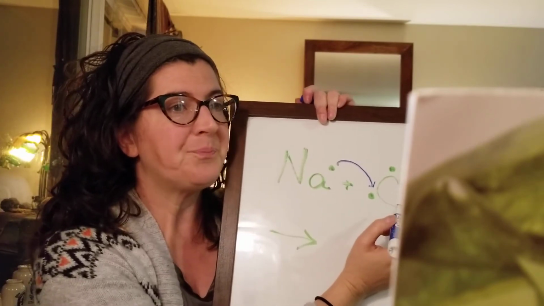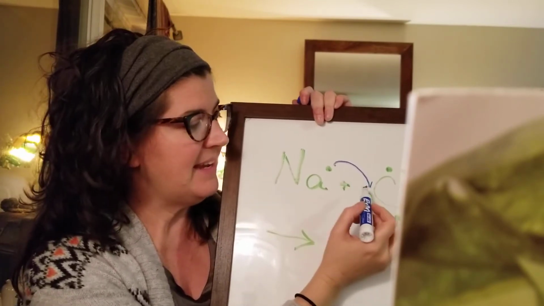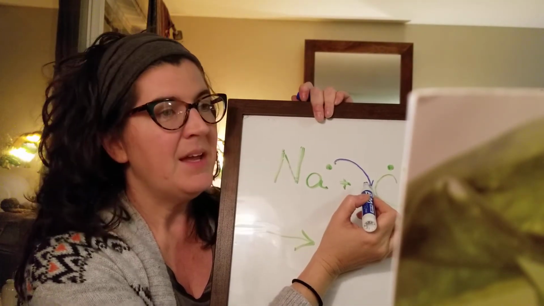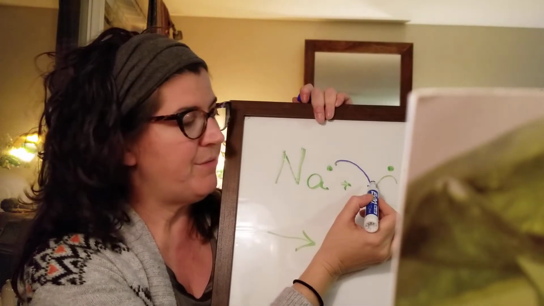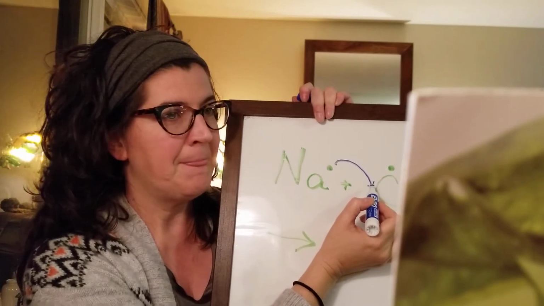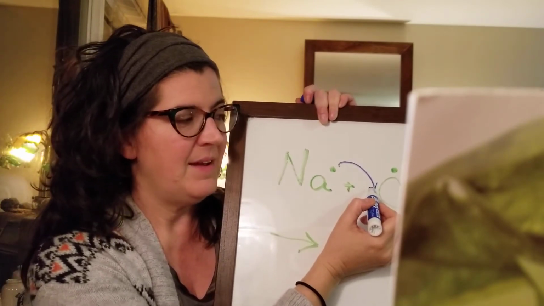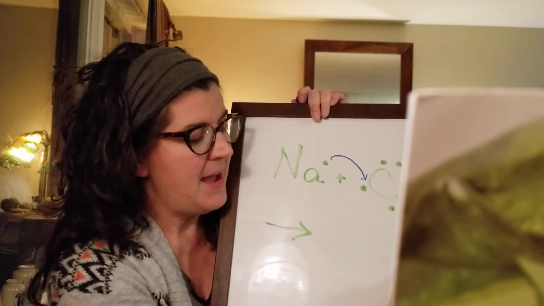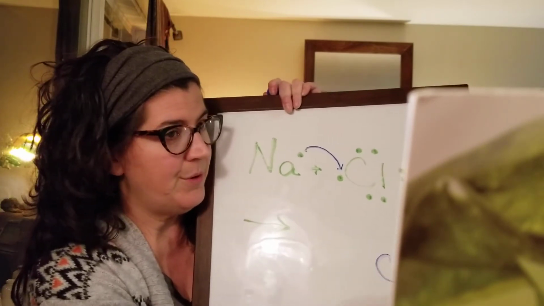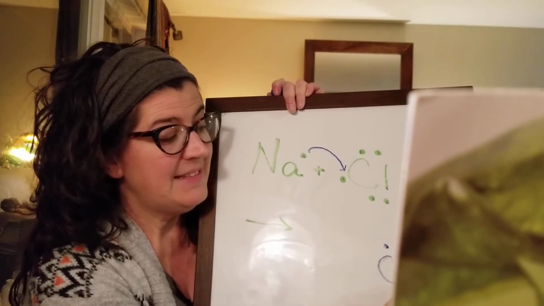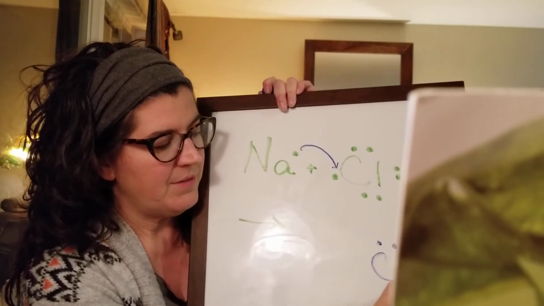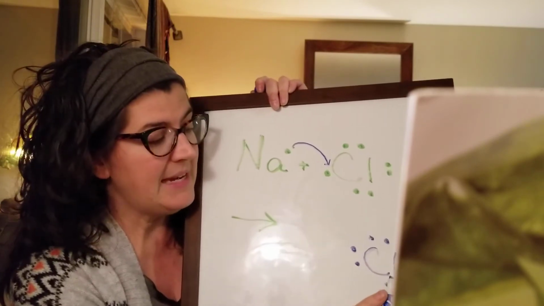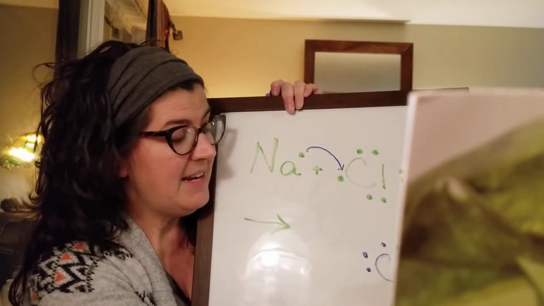So what happens is this electron jumps over to the chlorine, it accepts it, and by getting more electrons, it makes our chlorine now not only stable, because its outer orbital is now complete and full, but it makes it negatively charged.